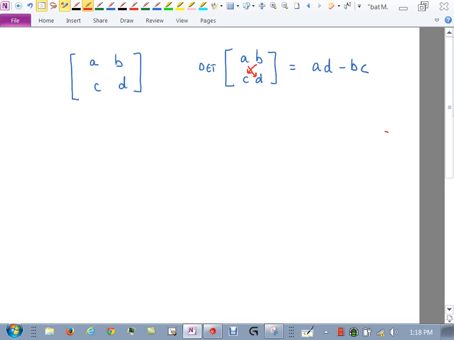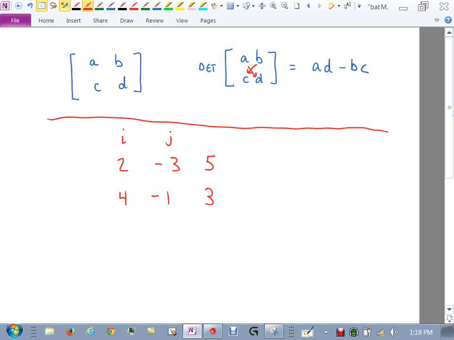So here's the second method. Let me take those same two vectors. I'm going to write out the components, and then underneath it, 4, negative 1, 3. And then above it, I'm going to put i, j, k. How many of you have seen this? This is a much faster way of doing it, all right?